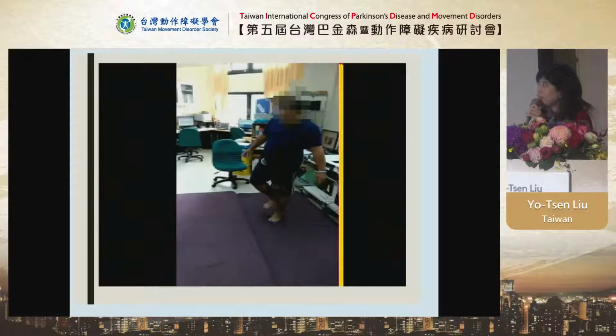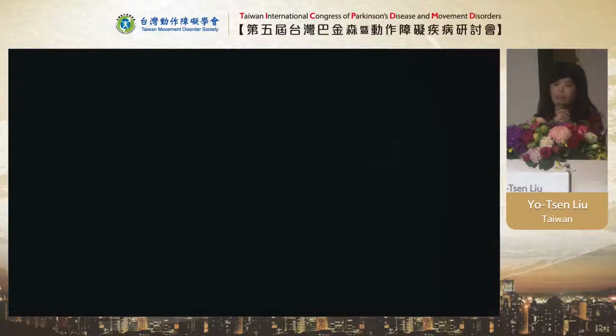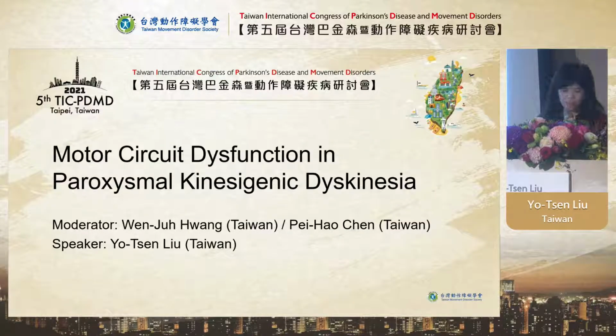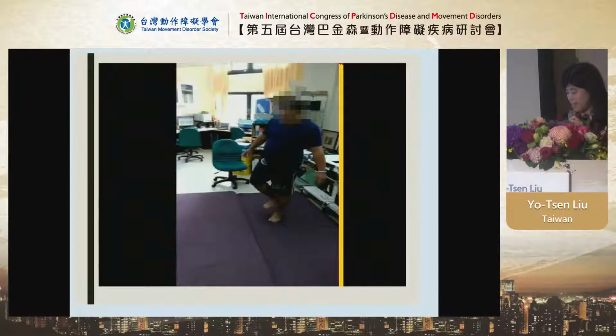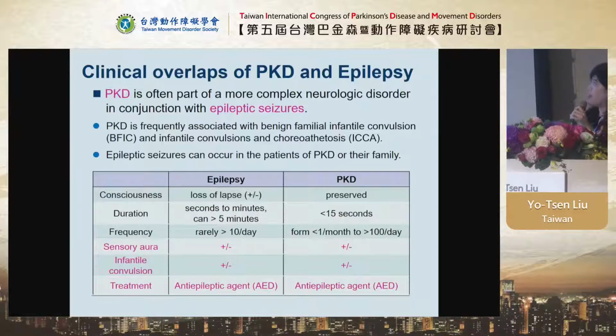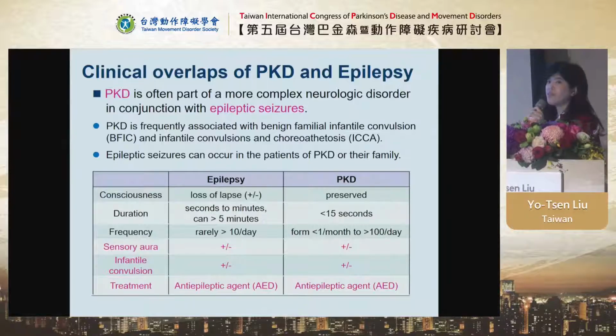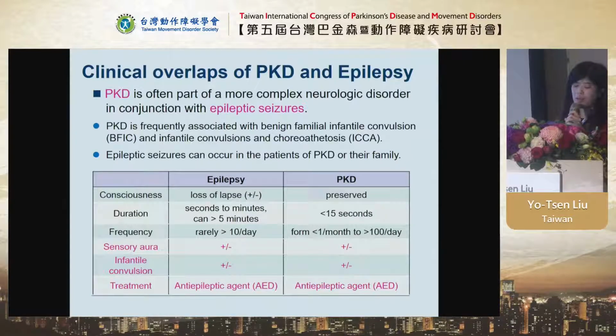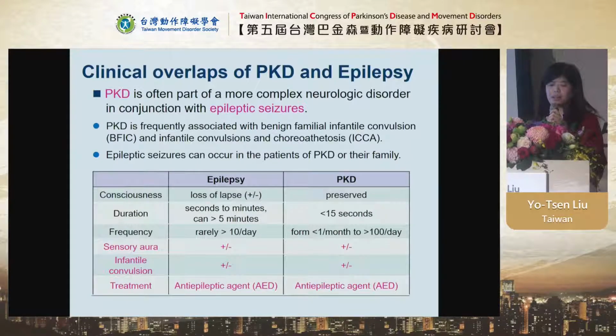But you can see that although PKD is a kind of paroxysmal disorder, it can cause the patient to get injured. Okay. So we know that PKD is viewed as a basal ganglia movement disorder, but very interestingly, for a long time we noted that there is some clinical overlap between PKD and epilepsy.